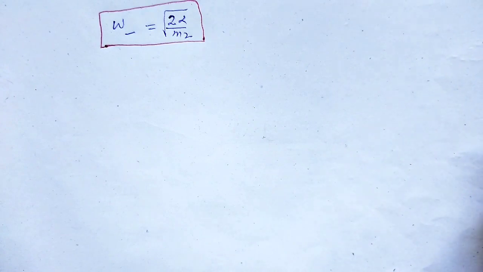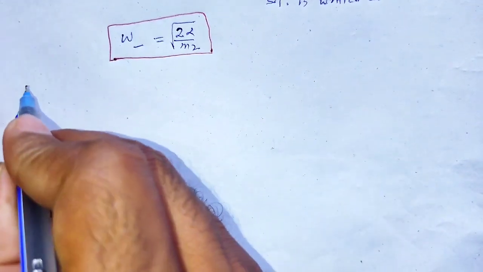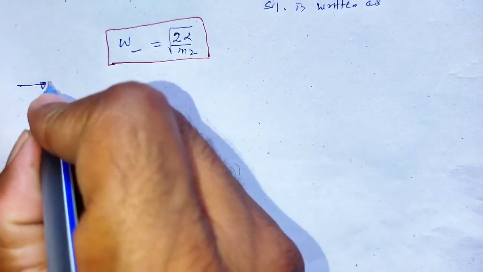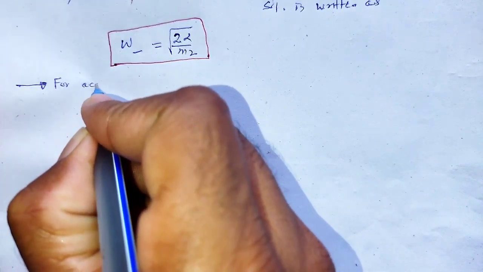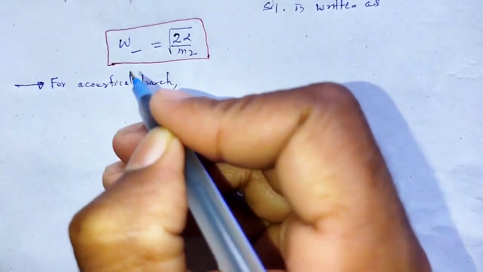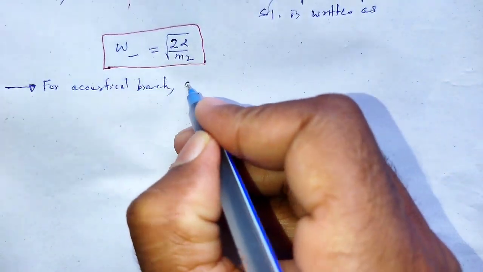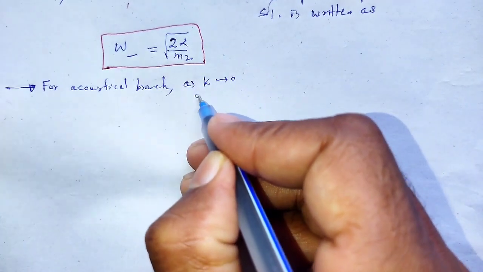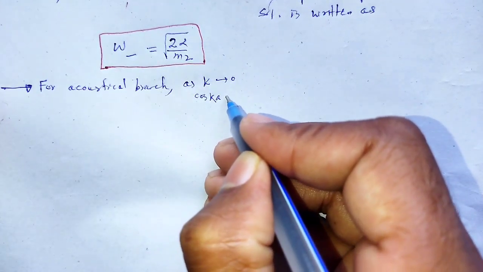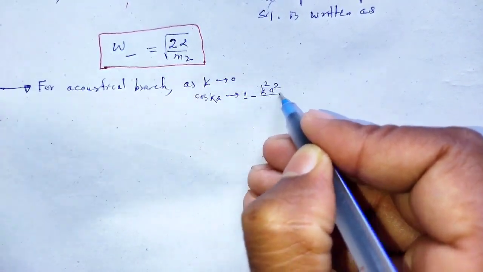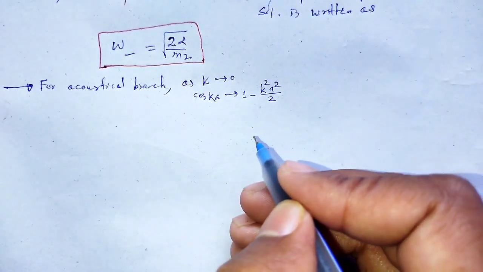Okay. Next, what will be the amplitudes? For amplitudes, we show for the acoustical branch as k tends to 0, therefore cos ka tends to 1 minus k²a² divided by 2.